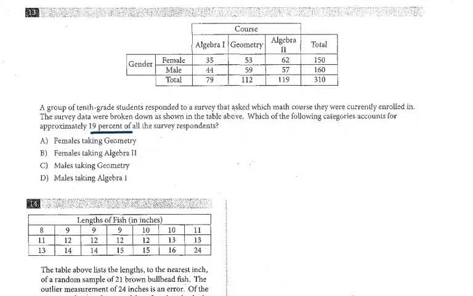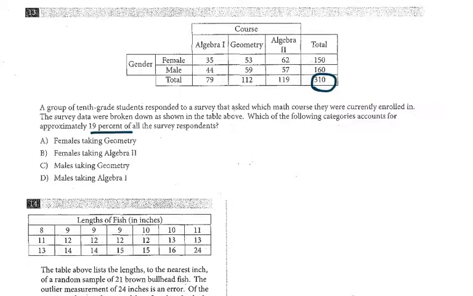For number 13, we're looking for which of the following categories accounts for approximately 19% of all the survey respondents. So how many respondents do we have? 310.